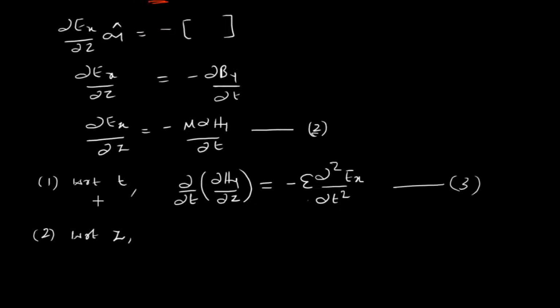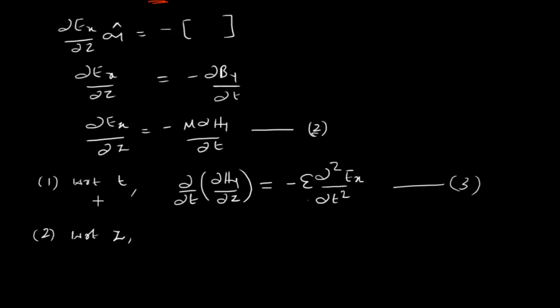So it's always better to have a single, interdependent equation which gives me the idea of variation of Ex and Hy in z direction with respect to time. Is it not? For that, I have to relate equation number 1 and equation number 2.